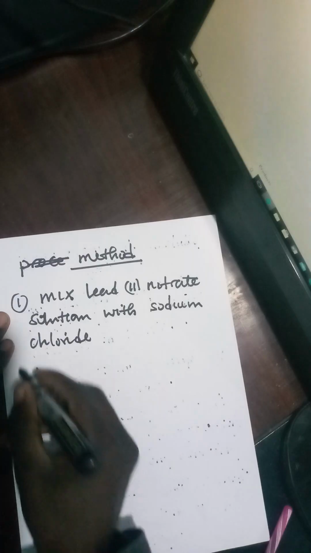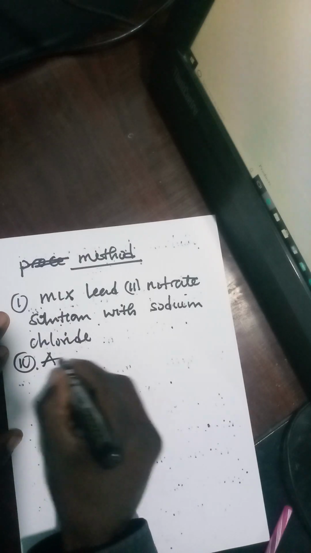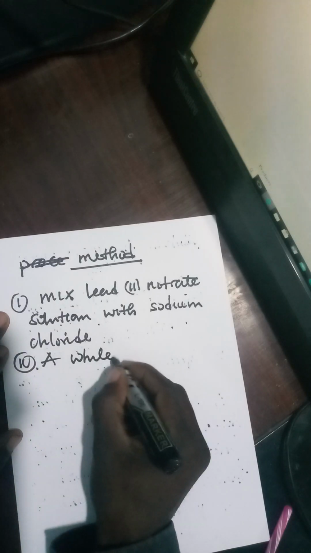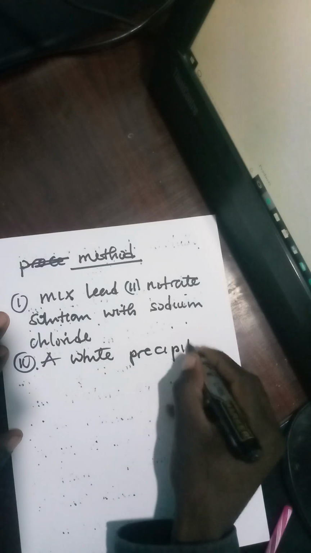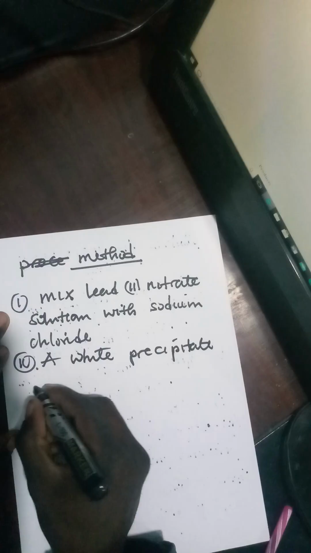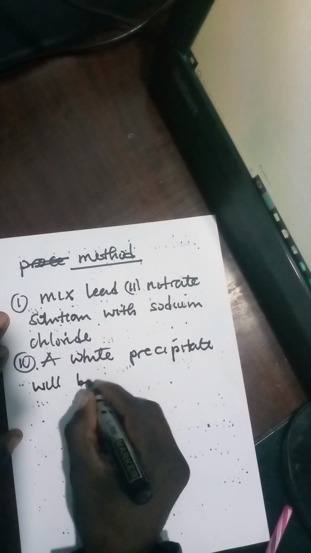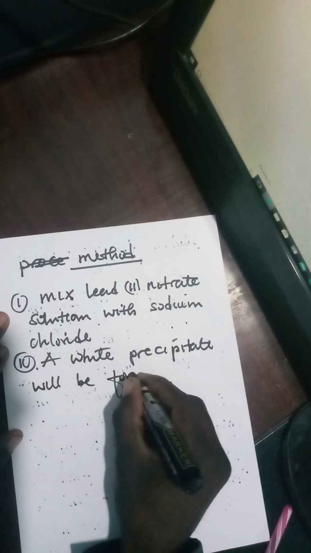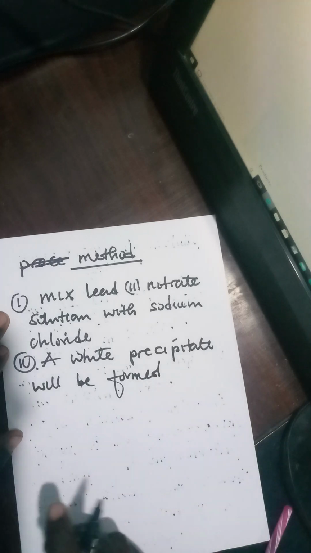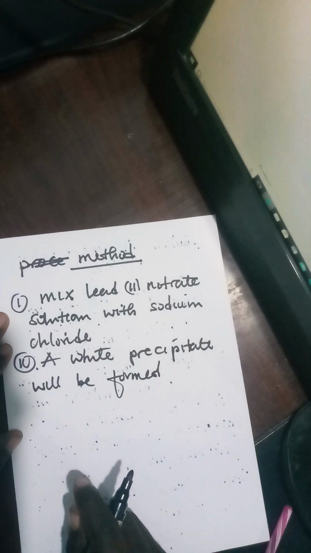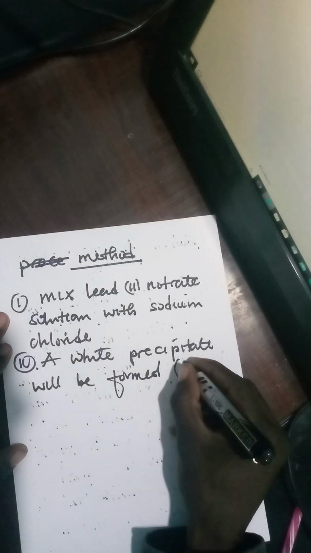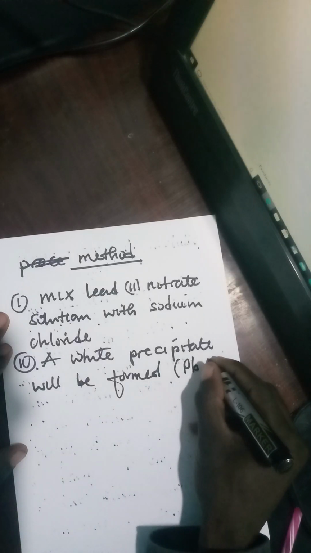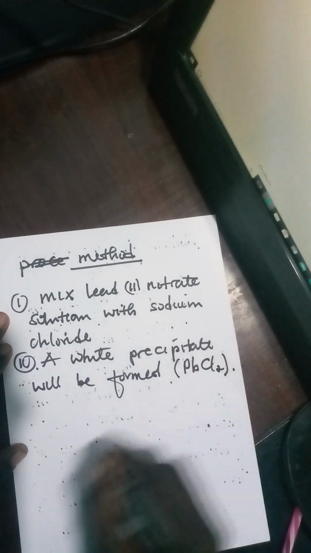Then a white precipitate will be formed. So this white precipitate is now the lead 2 chloride. A white precipitate will be formed, which is lead 2 chloride, the insoluble salt.